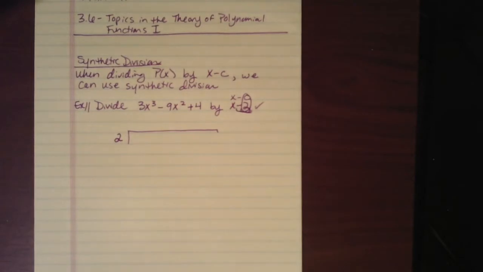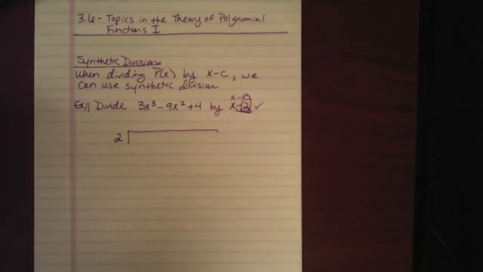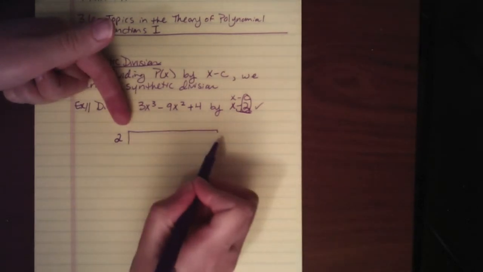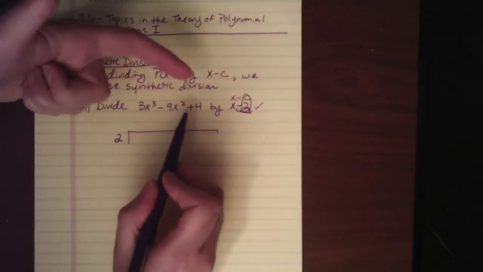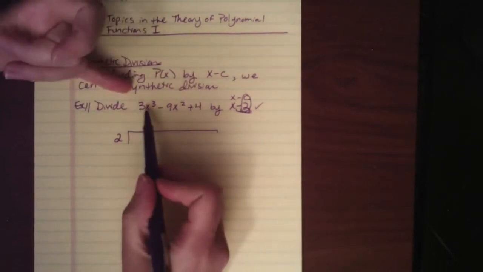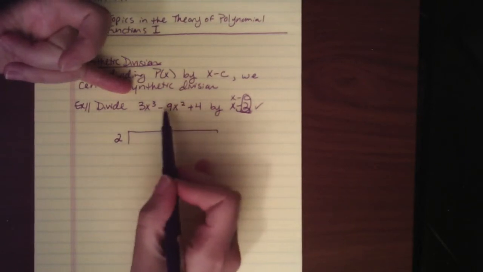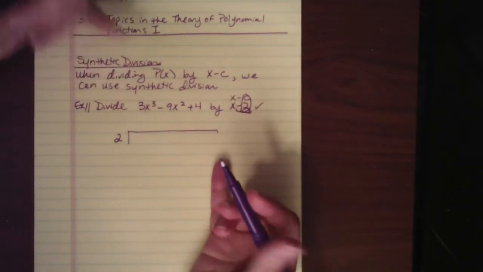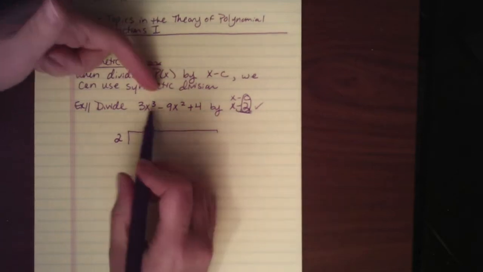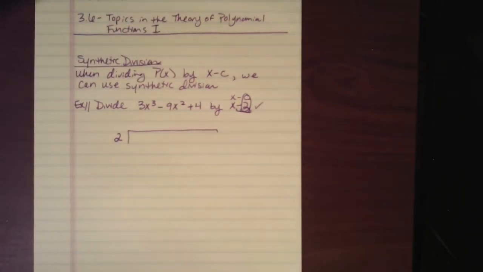We're not going to worry about them when we do this shortcut division. What goes underneath here is the coefficients on each of your terms in your polynomial in descending order. So you want to make sure your polynomial is written in descending order. And also, just like we talked about yesterday, if any terms are missing, you need to put in a 0 placeholder, just like when you're doing long division.